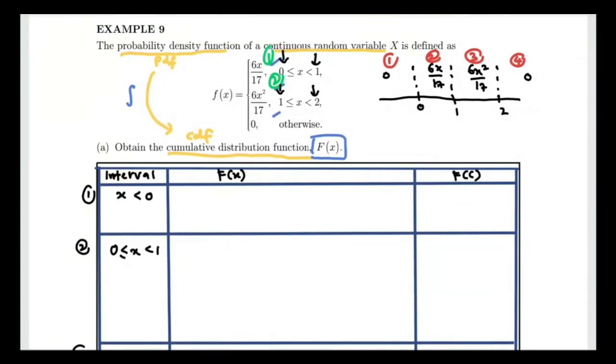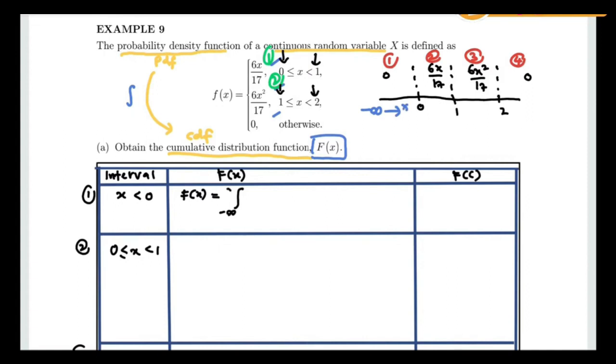For the first interval, the capital F of x should equal the integration from negative infinity until x.